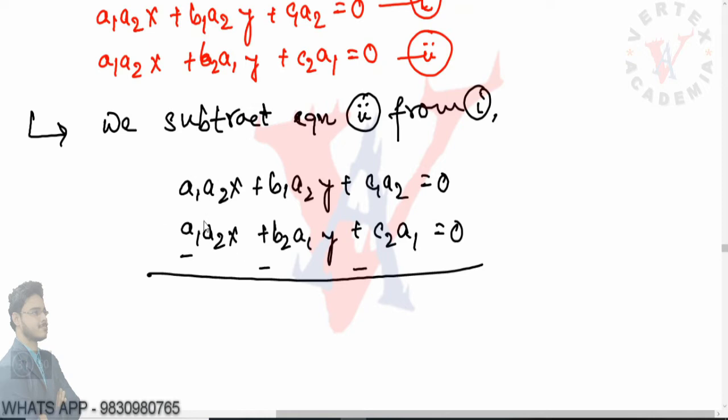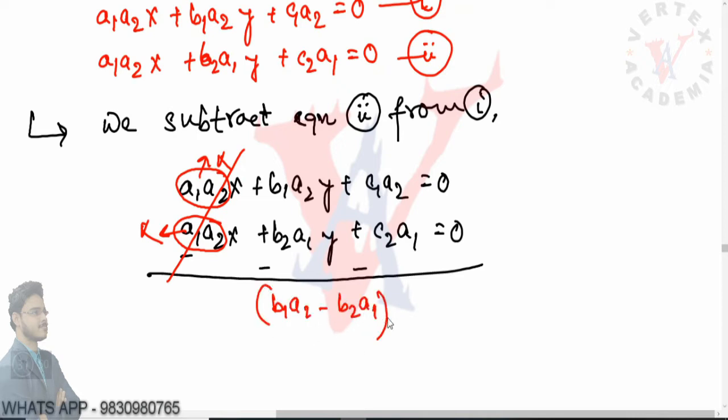Here a1 a2, both being constants, together make a constant k, and the same in the other equation. So when we subtract, the x term cancels out, and we get b1 a2 minus b2 a1 times y, plus c1 a2 minus c2 a1, equals 0.